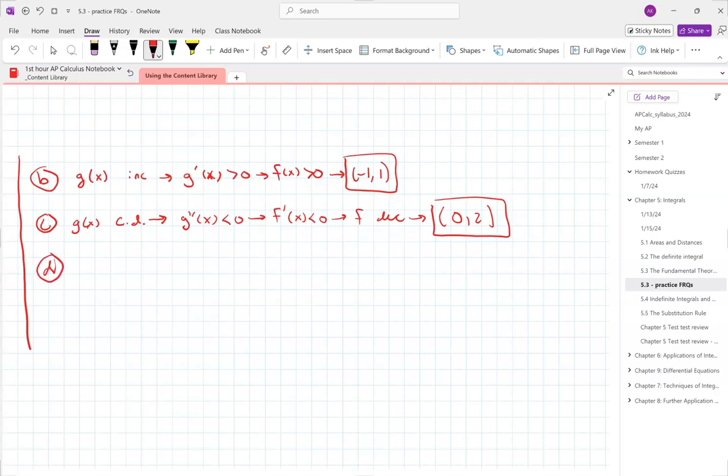Part D says, on the axis provided, sketch the graph of g on the closed interval from -2 to 2. Okay.